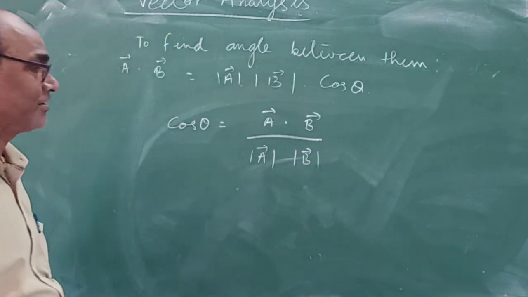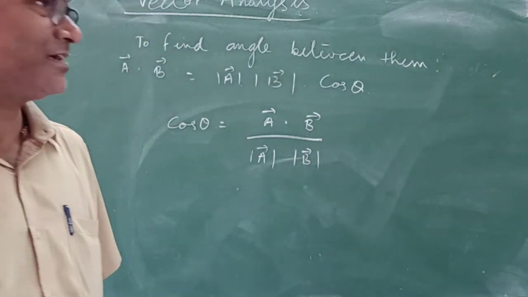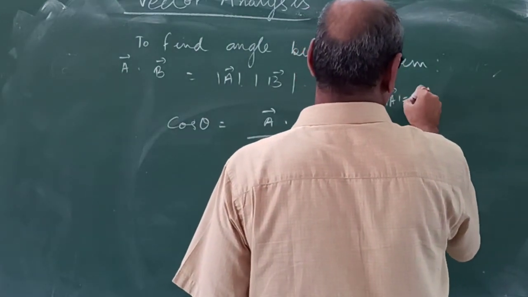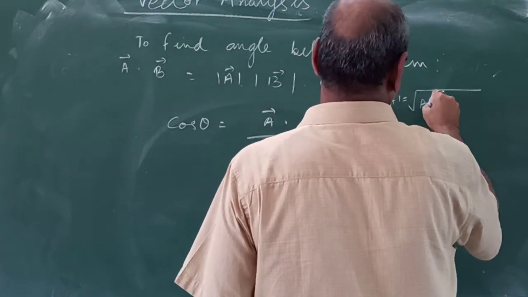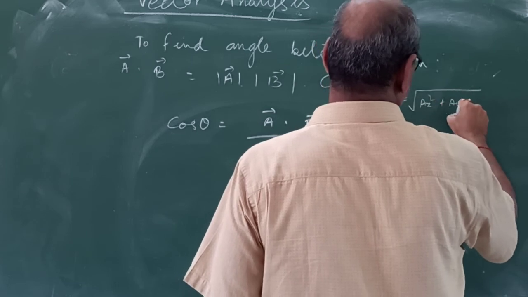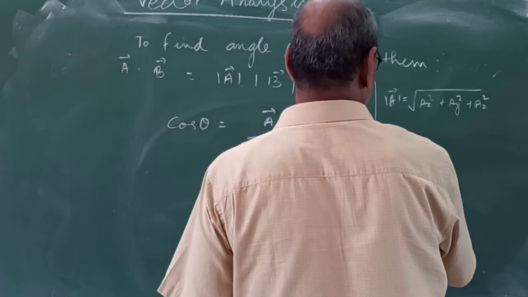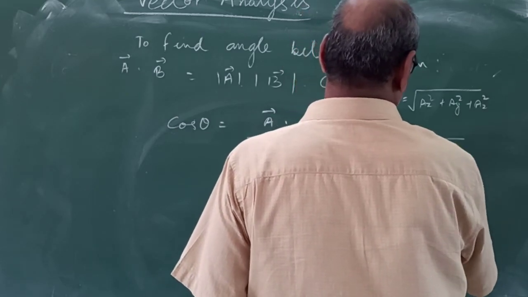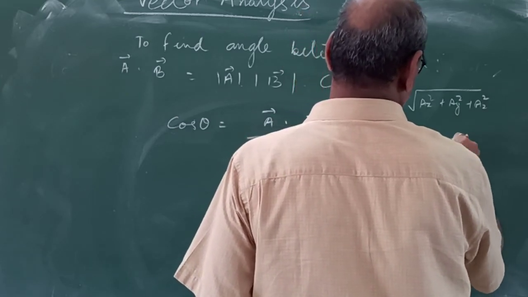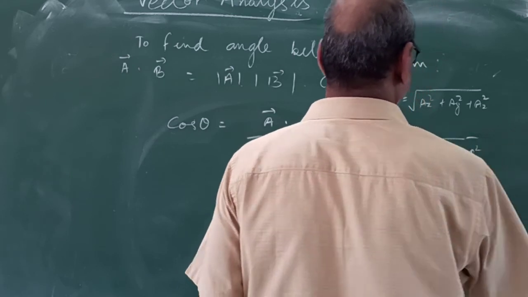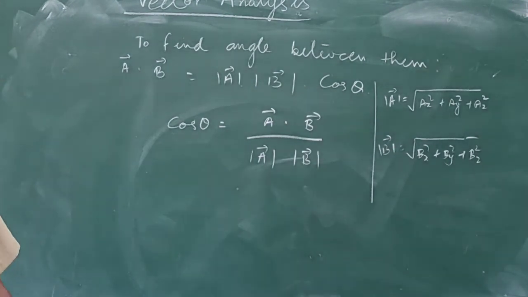How can you find the mod of A? Modulus of A is equal to root under Ax square plus Ay square plus Az square. Mod of B is equal to root under Bx square plus By square plus Bz square. Clear?